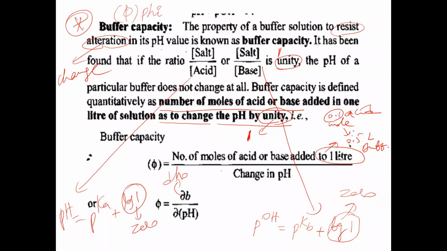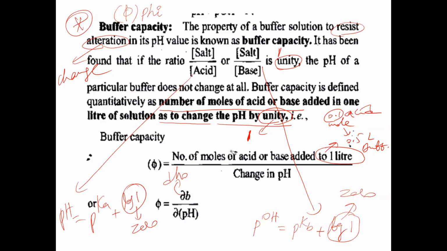We have to take 1 liter. In half a liter we added 0.1 moles, so in 1 liter the amount is double, 0.2. So 0.2 moles of acid should be taken here.